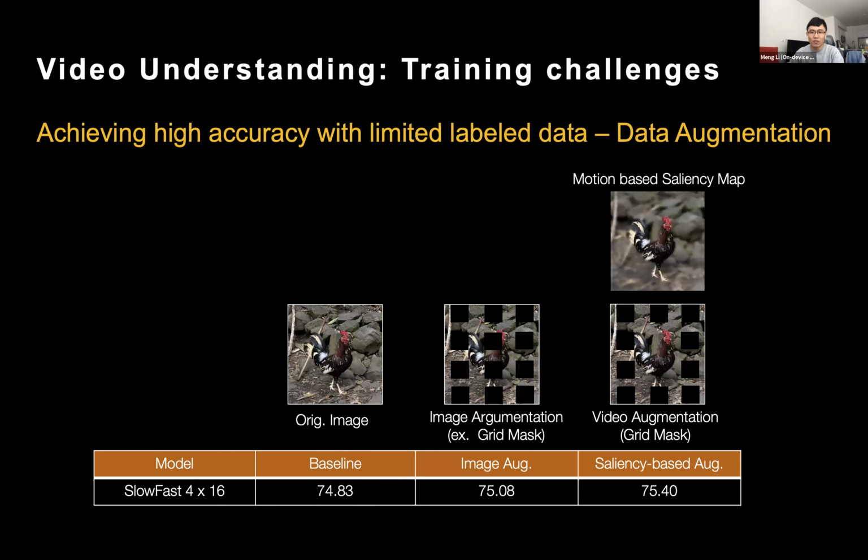What we propose is to improve these data augmentation techniques by always keeping the important regions untouched during the augmentation. Specifically for video understanding, we can use a motion-based saliency map to detect what the moving objects in the scene are, and then we only apply the augmentation to the background.